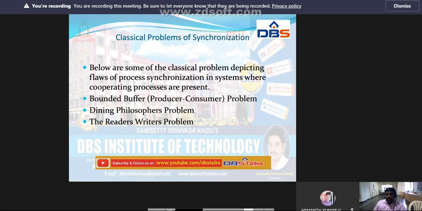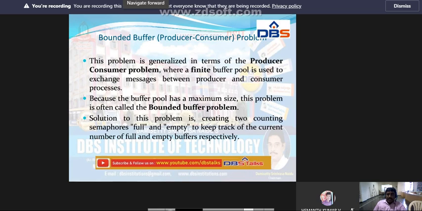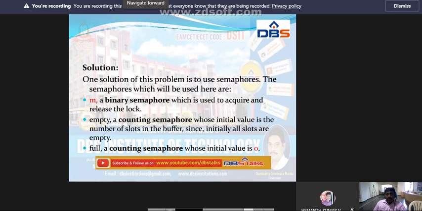Next, the classical problems, among those the bounded buffer.